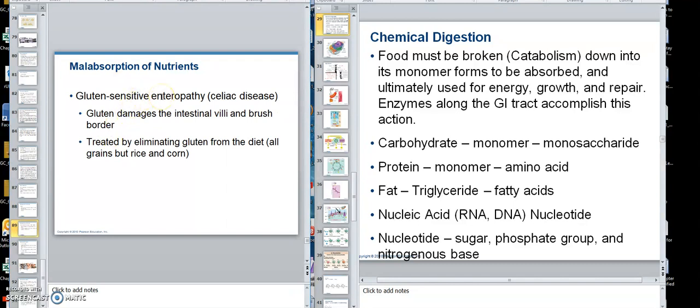Gluten sensitive, you heard gluten sensitivity. Okay, celiac disease. Gluten is a substance that helps bread to stick together and so forth. Gluten damages the intestinal brush border. It's more of an autoimmune thing. Grains and rice.